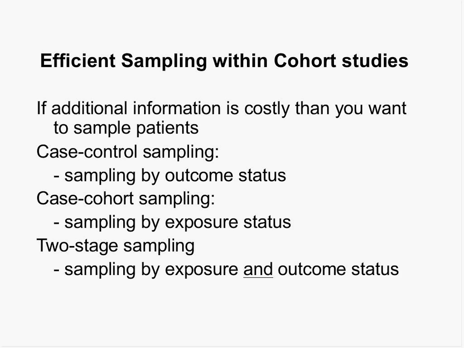And if you then have another outcome, you have to go again and sample again, right? While these other approaches will stay in the cohort mode, whatever information is already collected, you can reutilize again and again in a less efficient way, but you don't have to go back to the source over and over again. There's this trade-off. And depending on what you're doing, one approach might be better than the other. All right.